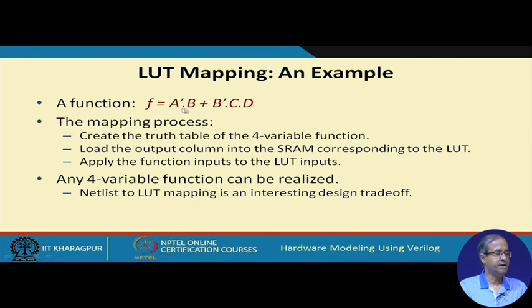If you are given a function, we create the truth table of the function, just as I said, load the output column of the truth table into the SRAM. So my function is ready. I apply ABCD to the input, I get F as the output of the memory. So, any 4 variable function can be realized.